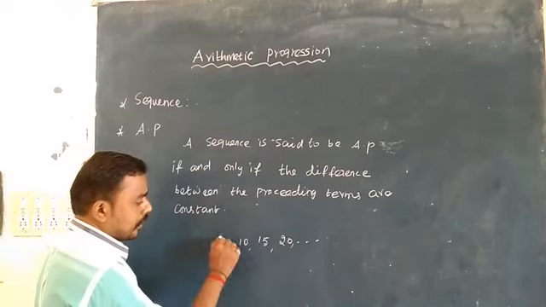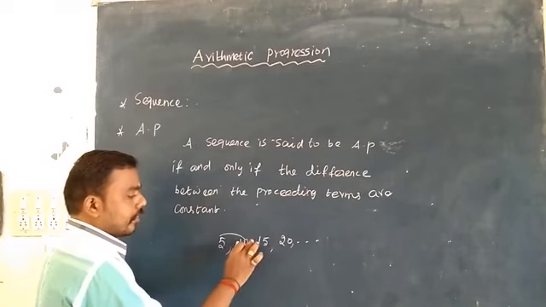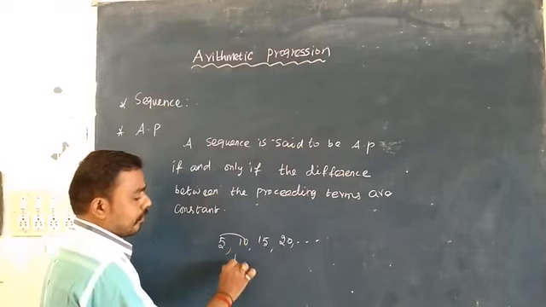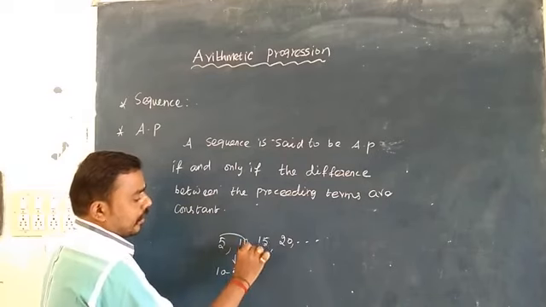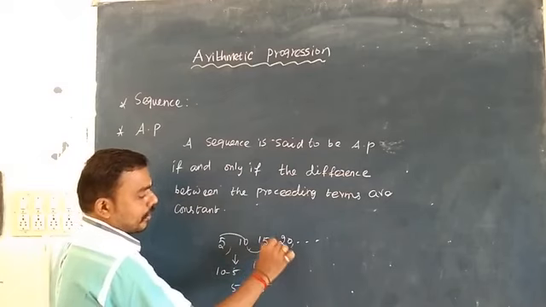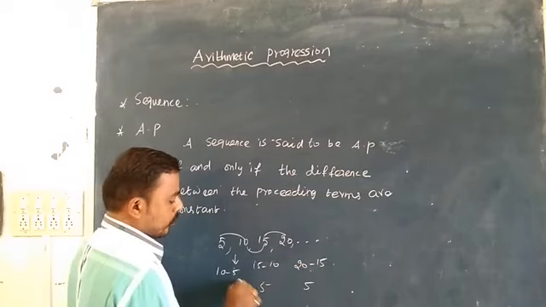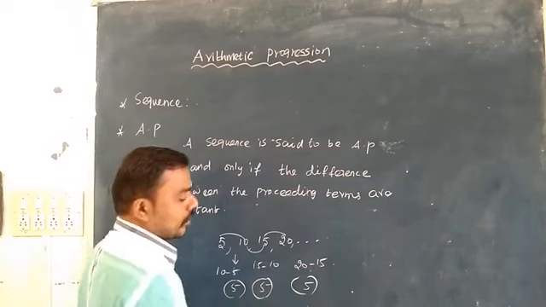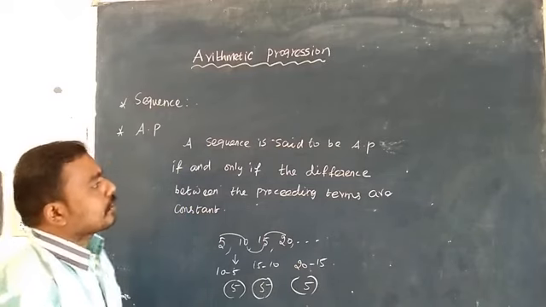The difference here is 5. 10 minus 5 is 5. 15 minus 10 is 5. 20 minus 15 is 5. So it's constant. Constant means it is not going to change. So we can tell it's an arithmetic progression.